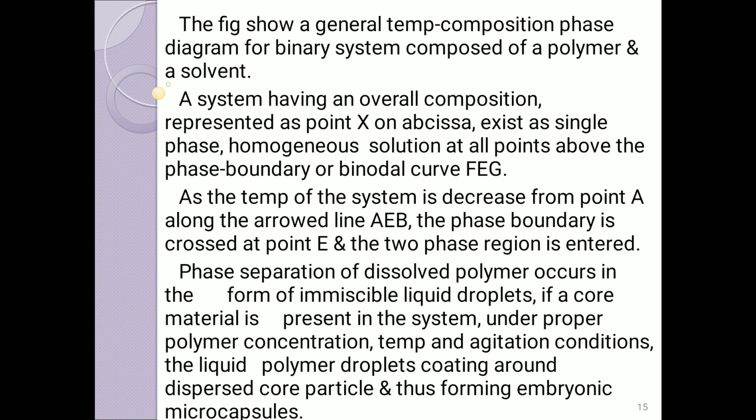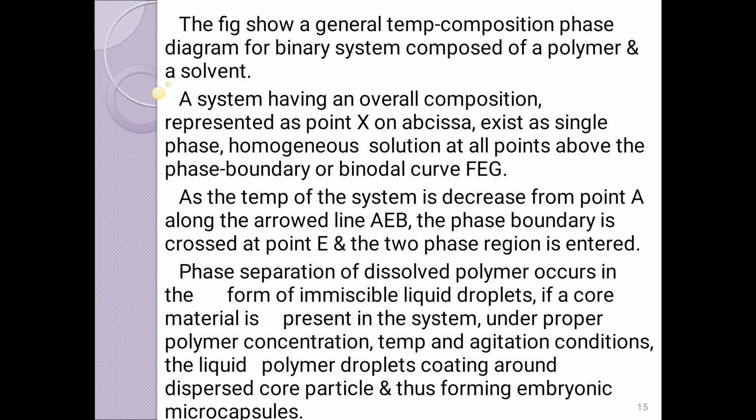Right? So here the figure shows a general temperature composition phase diagram for the binary system composed of polymer and solvent. Here the binary system, like the phenol water system, is a binary system. So the same principle applies here, but instead of phenol, we use the polymer. So polymer and solvent.